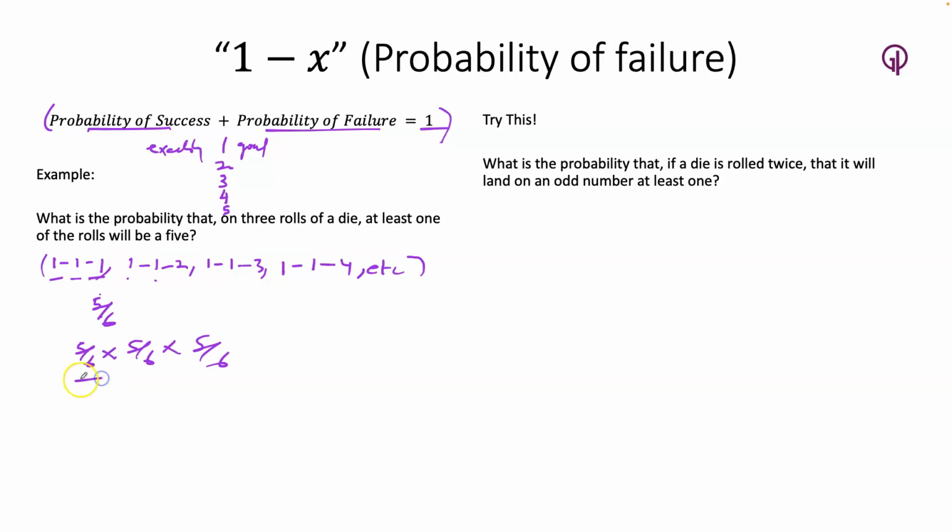So here, first roll, it will land on all other numbers except 5. Okay, so 5/6. Same here, same here. And then we multiply all these together and we arrive at 125 all over 216.